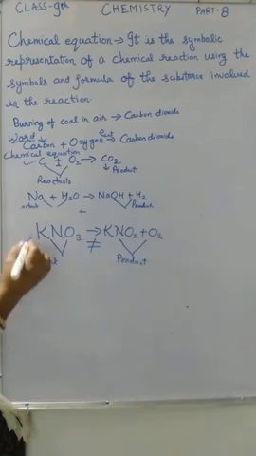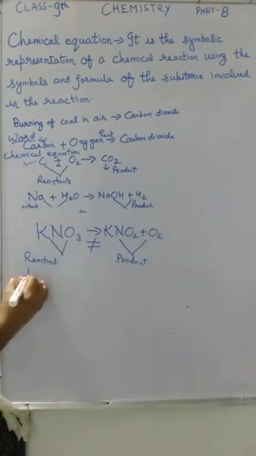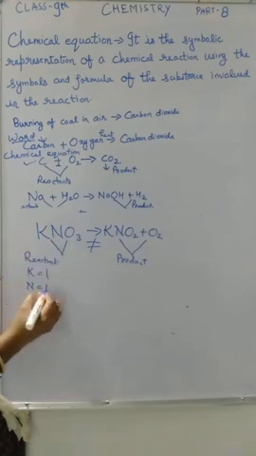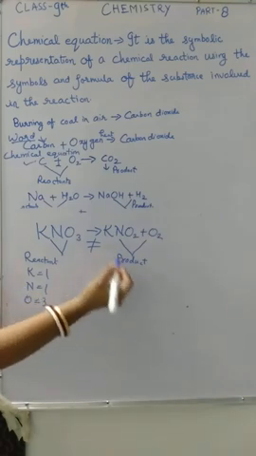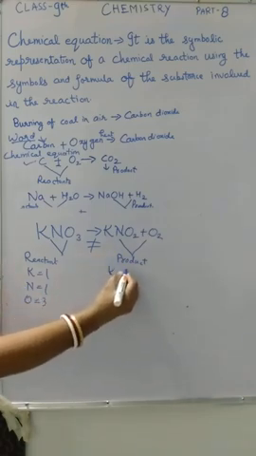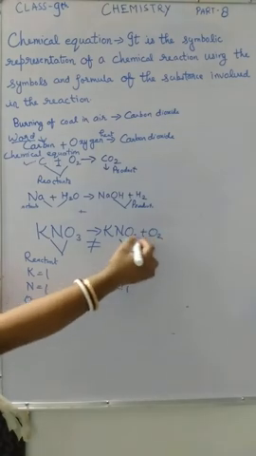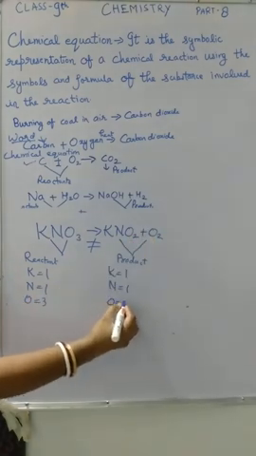Now in the reactant side, how many potassium? 1. Nitrogen 1. Oxygen 3. But in the product side you see potassium 1, nitrogen also 1, but oxygen, how many oxygens are there? 4.